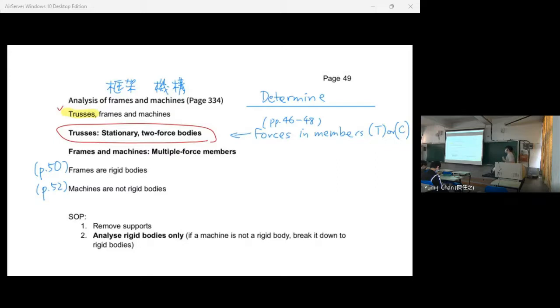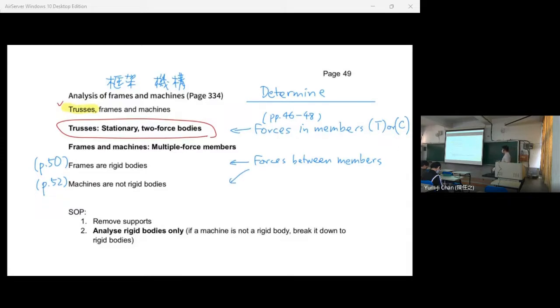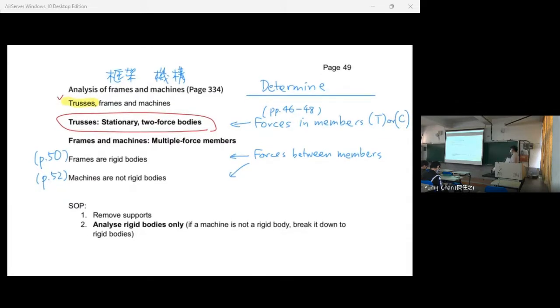But in frames and machines we look at the forces between members. I will explain it in a minute. We determine forces between members.